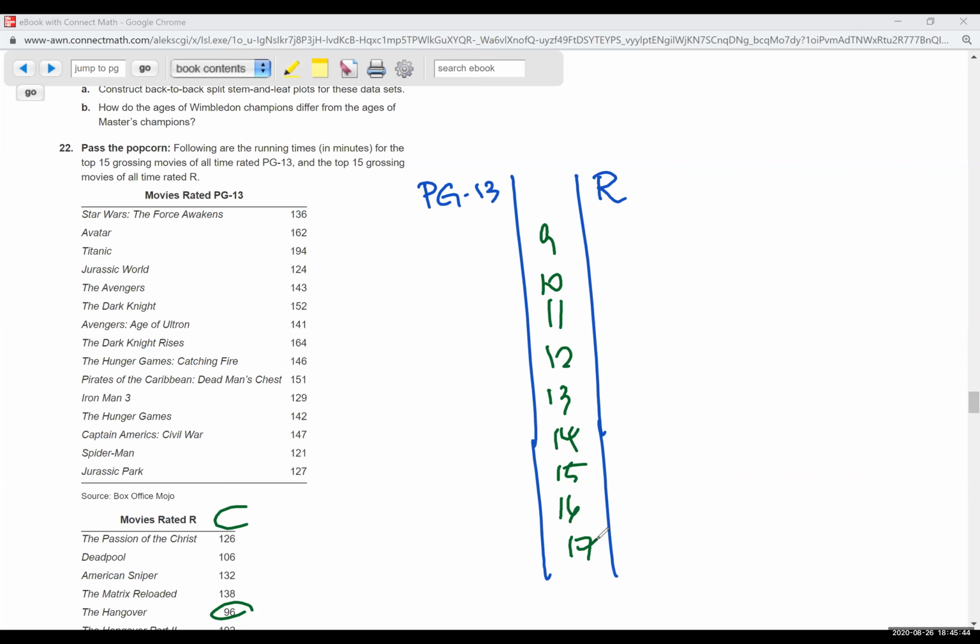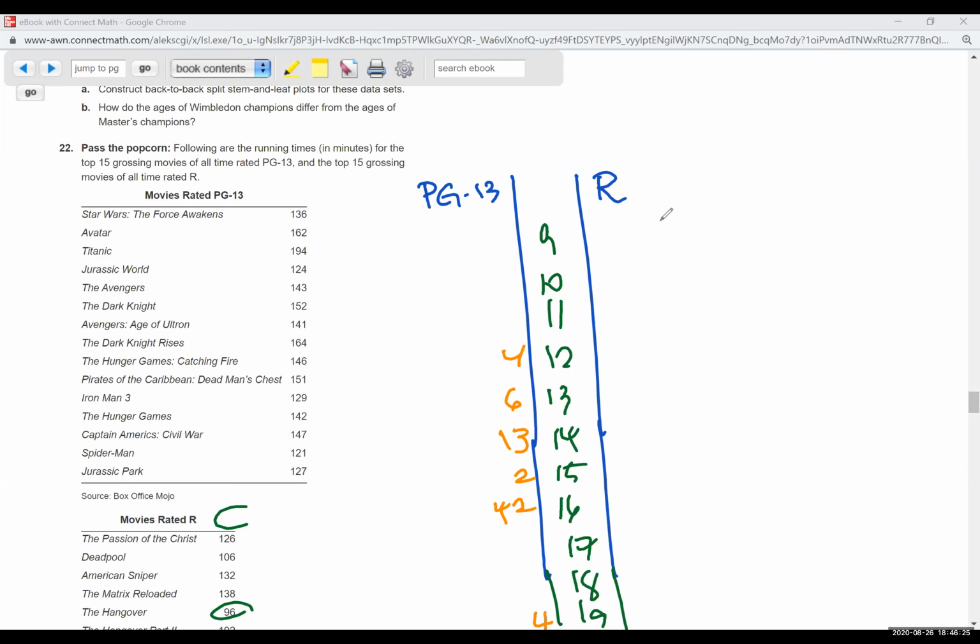All right, so PG-13: 136, so you tally here 136. Next 162, next 194, then 124, next 143, 152, 141, then 164.